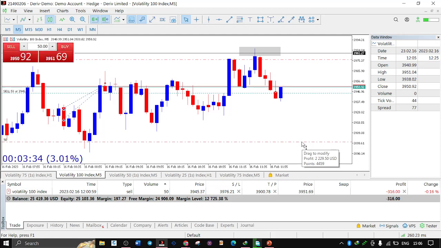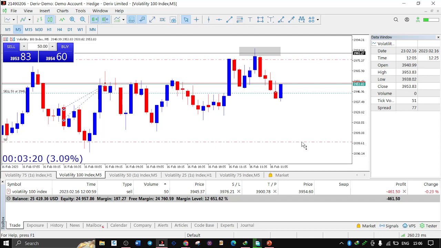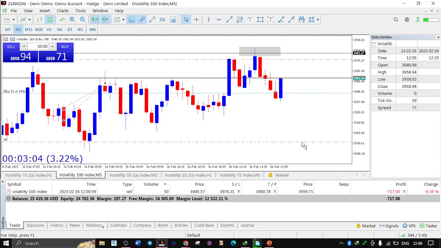I hope you're understanding something today. Yes, I am, but that one we shall repeat later. Okay, but get this formula. Profit or loss is equal to lot size times the pips.